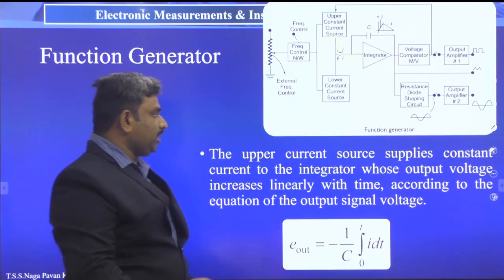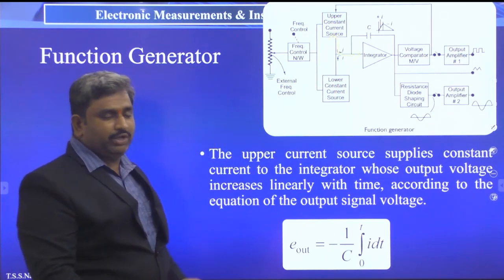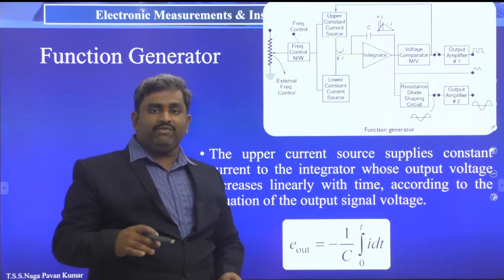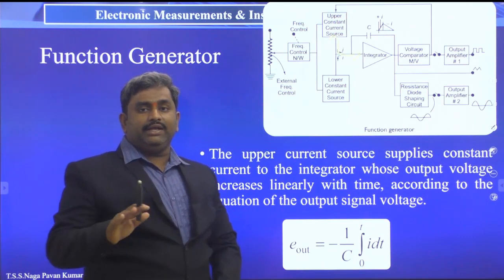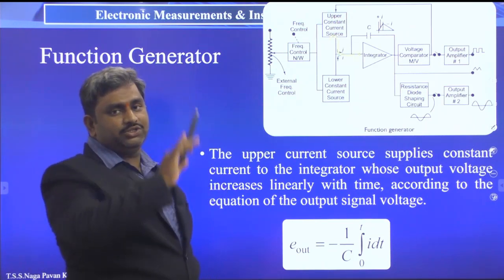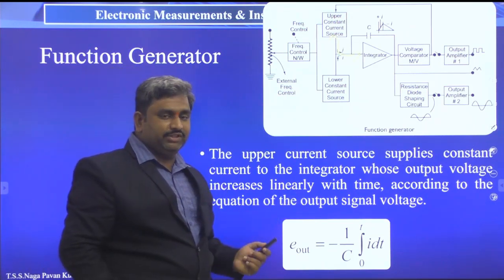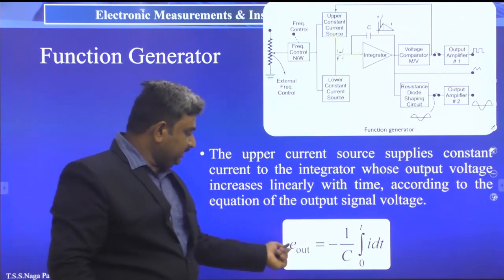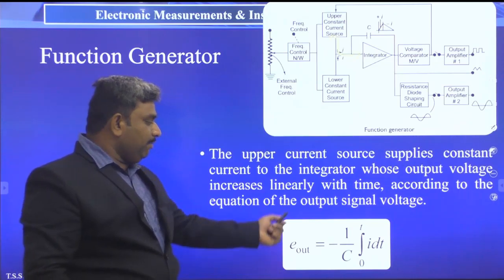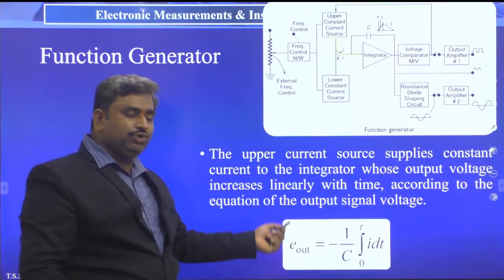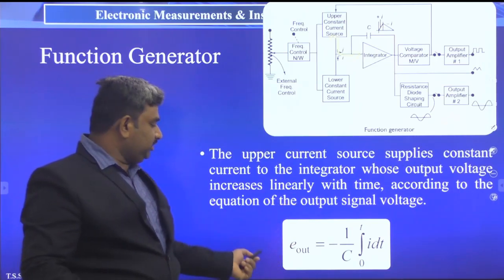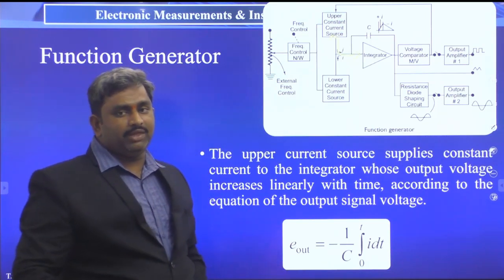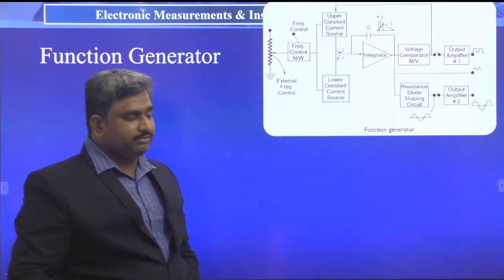The upper constant current source supplies a constant current to the integrator, whose output voltage increases linearly with time. According to the equation, E out is equal to minus 1 by C integral 0 to T of I dt. This is the output voltage generated from the integrator.